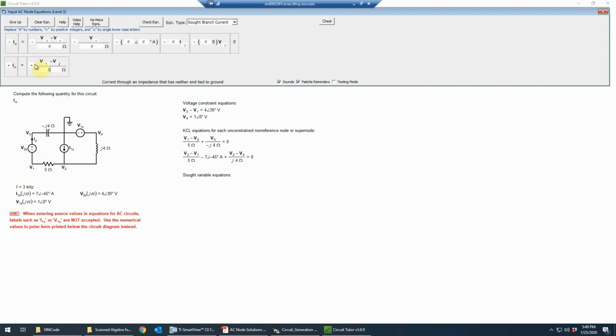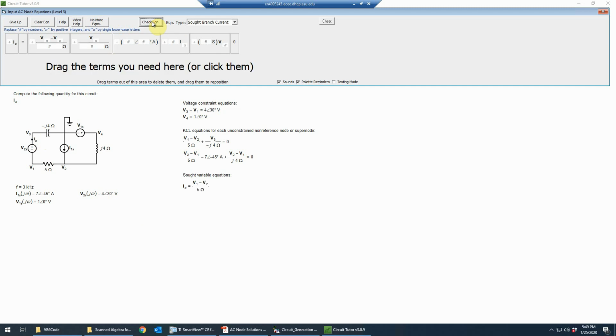So that would be consistent, and again, as always, in circuits we have to be careful about the signs and the polarity, but this will be appropriate here, provided that we have V1 minus V2. So let's check that equation, and that is correct. And again, we could have alternatively written that as negative V3 divided by minus j4 ohms, which might have been a little bit simpler, I guess, but either way we can still compute what it is.